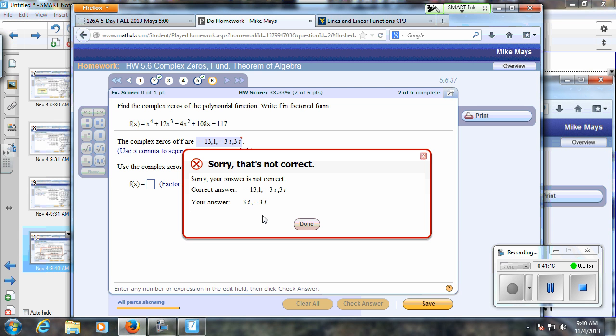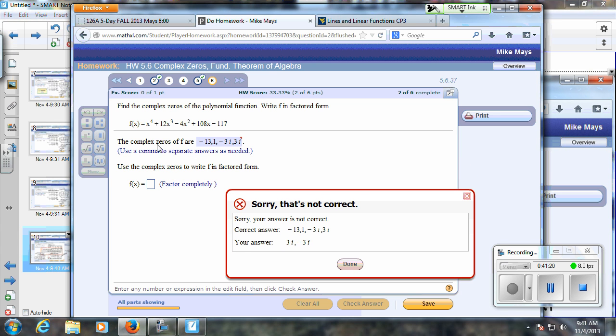Oh, darn it. Look at that. I really apologize. Complex zeros, and this was my problem. I saw complex zeros as the zeros that had an imaginary part in them, so I reported the answer with just those parts. What I had correct was plus 3i and minus 3i.